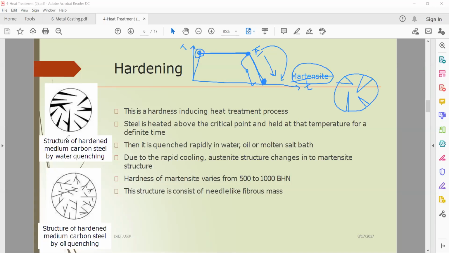You can see here, this one also needle-like shape, this one also needle-like shape, but these both are different. Why? Here the cooling process is done by water bath medium, here the cooling process is done by oil bath medium. According to the cooling medium, the internal structure will be changed, right? So using the hardening process you can get a needle-like internal structure or fibrous mass, right? So this is called the hardening process.